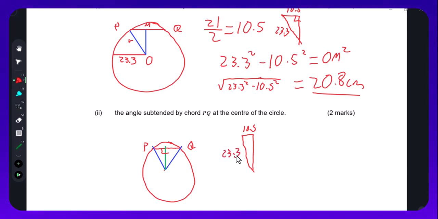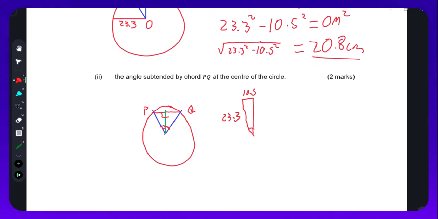And we are trying to find out this angle, which will be this one over here, and once we've found that out, we can double it to get the whole angle between the two lines. So for that we'll use sine, and the working out will look as follows.